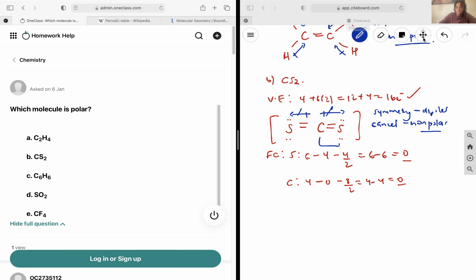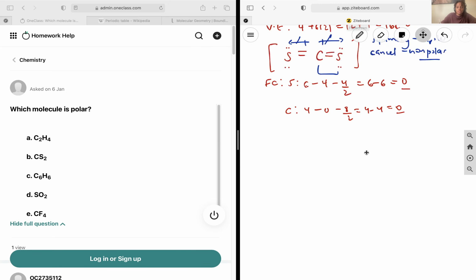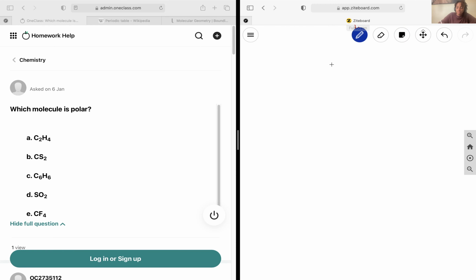Next up, we have C6H6. This one you can easily determine that it's benzene, so let's just write it out. This has 3, so it's just going to need one more.